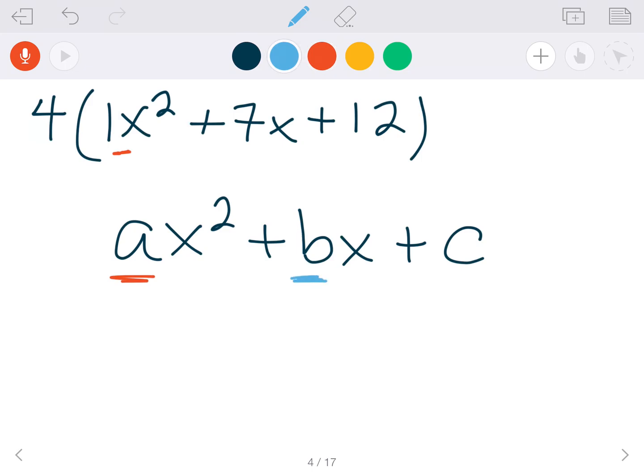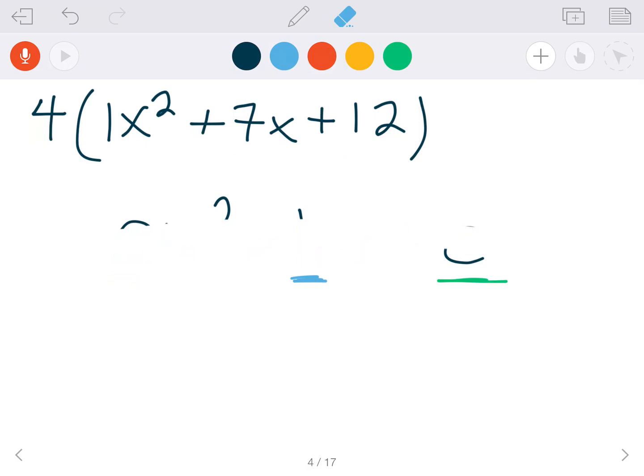Our b is going to be that middle coefficient, linear term, 7, or 7x. And our c is going to be our constant term, or the term that does not have a variable. Here that is 12. So for right now, we just need to focus on that c term, that constant term, since our a is 1.